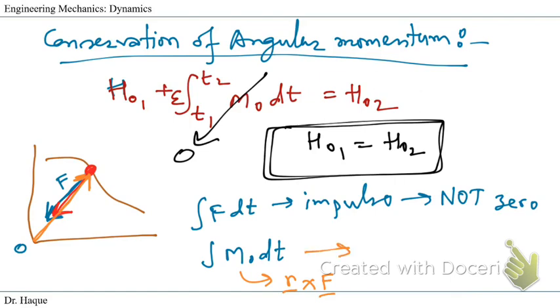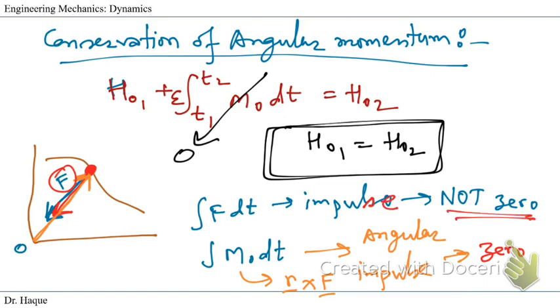And only in this case, the angular impulse would be 0. So this is the interesting thing. Even though the force is acting on the particle, and the impulse is not 0, because it's just the force over time, the angular impulse can be 0.